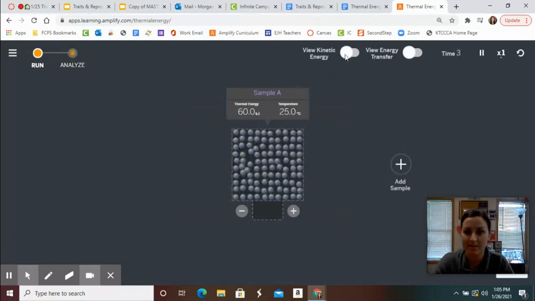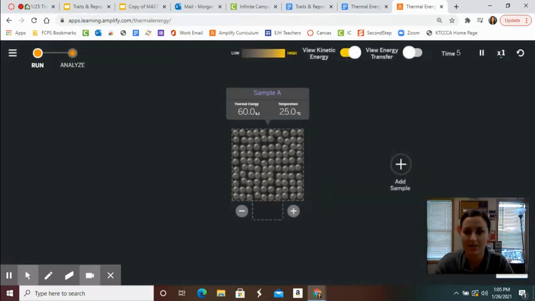And what I'm going to do is I'm going to turn the view kinetic energy toggle on. And your goal right now is you need to change the kinetic energy of the sample. Right now you can see up here it's more of a low kinetic energy, and so you need to change it. And I'm not going to tell you how to change it.